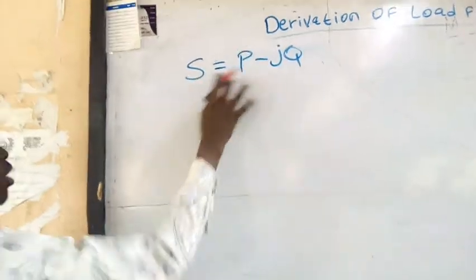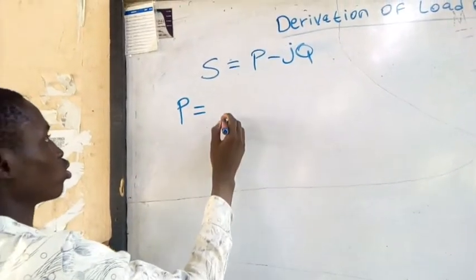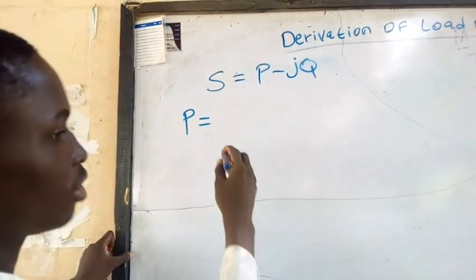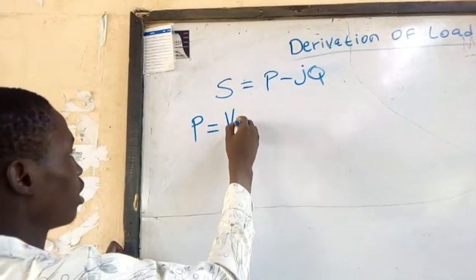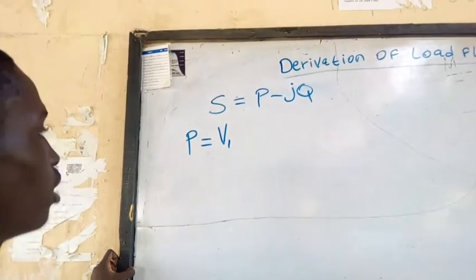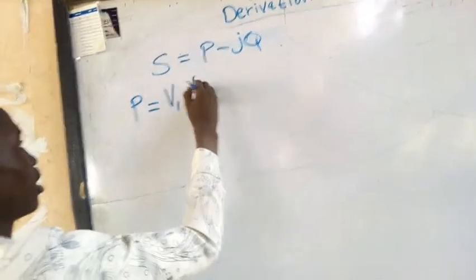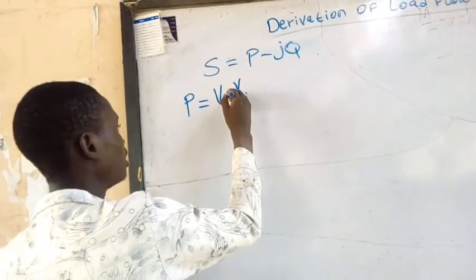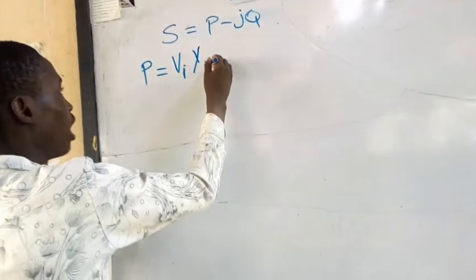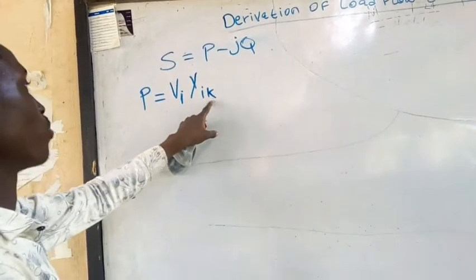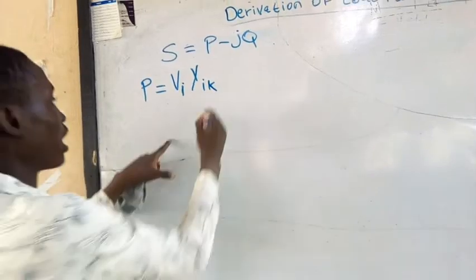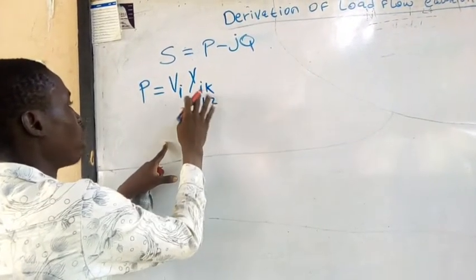So here we say p is equals to, now we're going to be having v1 or v1, then after that v1 we will have y, this i, this i, vi, so ik. So all those 12 will be representing, k will be only the 2, just like 1, 2. K represent 2, I represent 1.